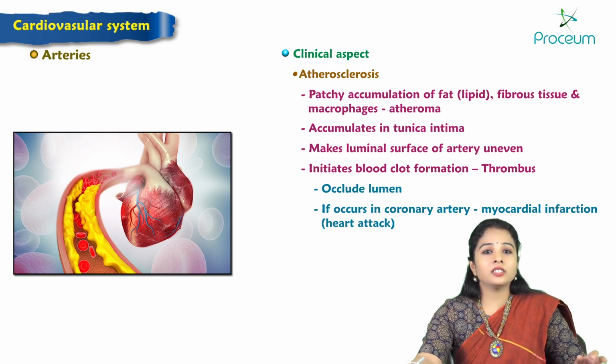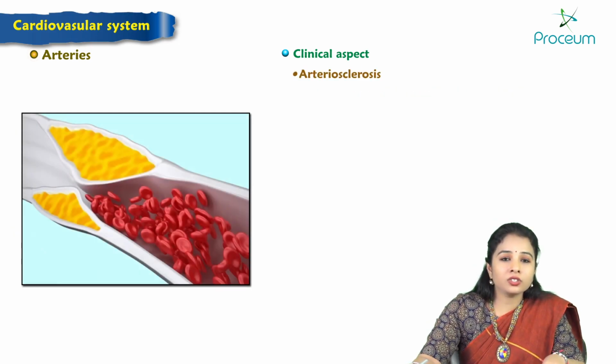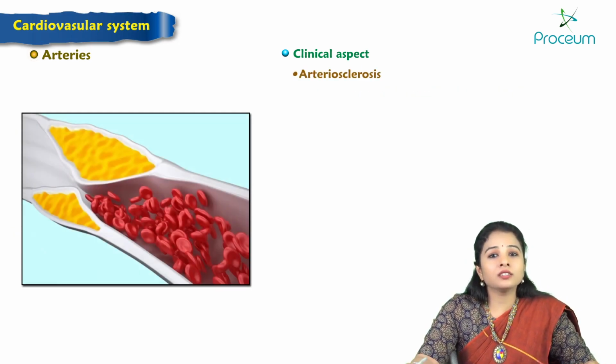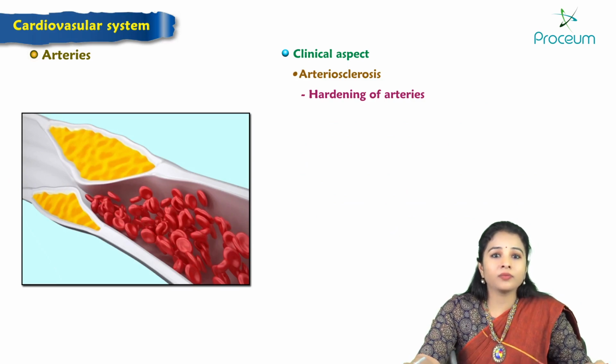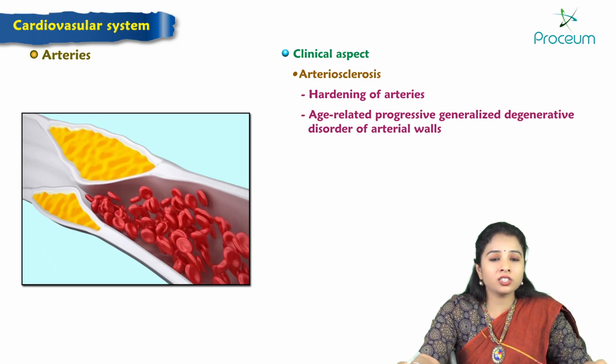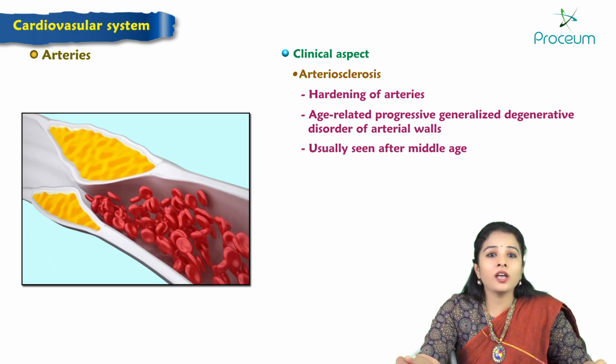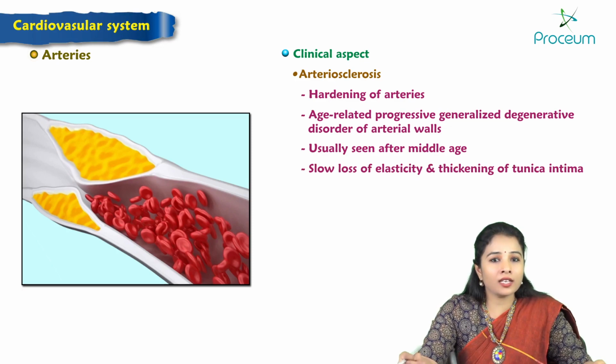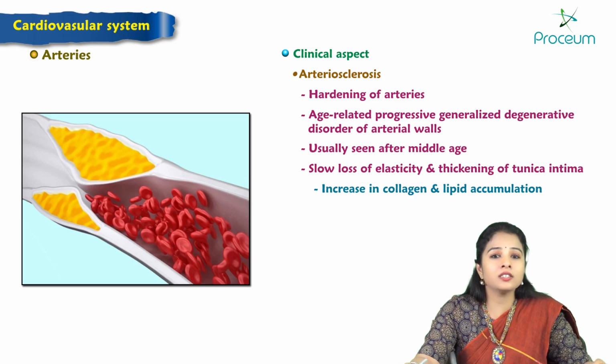The other condition is arteriosclerosis. Arteriosclerosis is hardening of the arteries. It is an age-related progressive generalized degenerative disorder of arterial walls, usually seen after middle age, and there is generally a slow loss of elasticity and thickening of tunica intima due to the increase in collagen and accumulation of lipid.